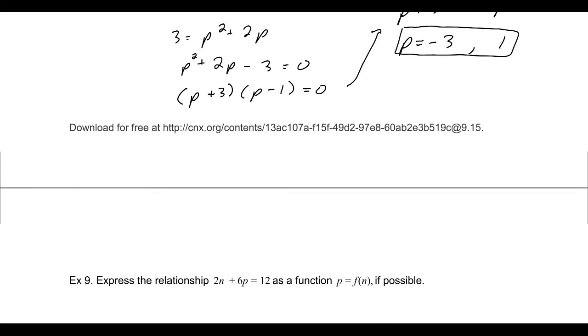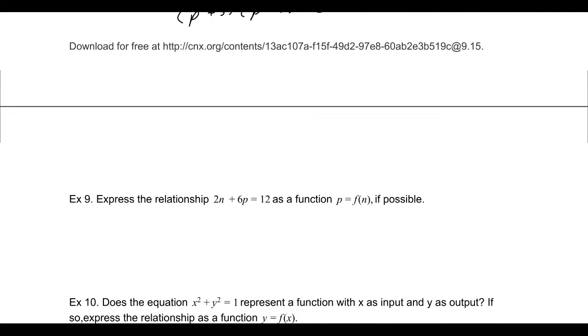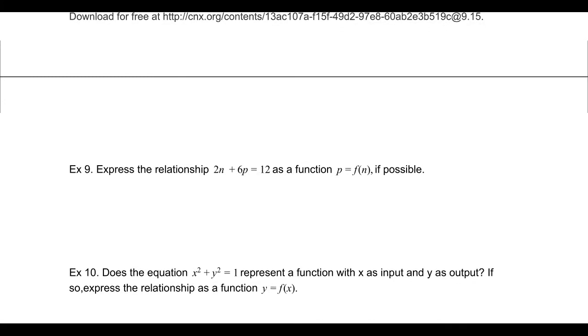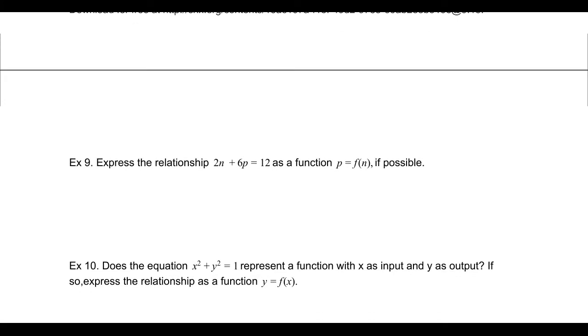Example 9: express the relationship 2n plus 6p equals 12 as a function p equals f of n. So we want this written in a way where we have p equals and then a function in n. Let's solve this for p. We'll subtract 2n from both sides.